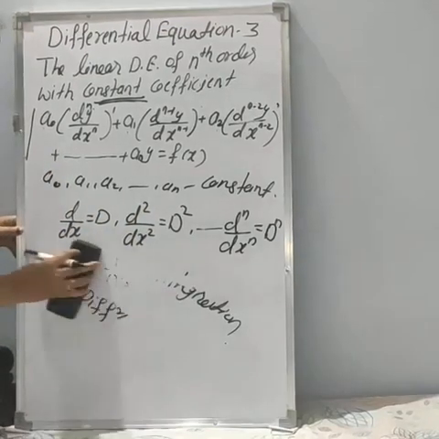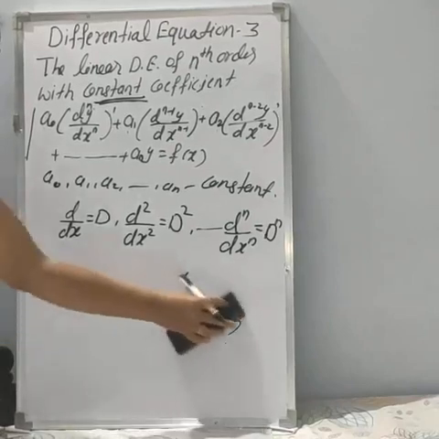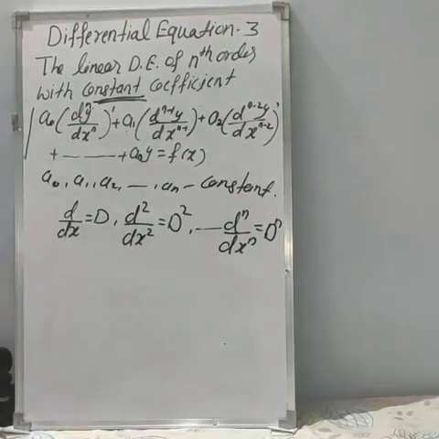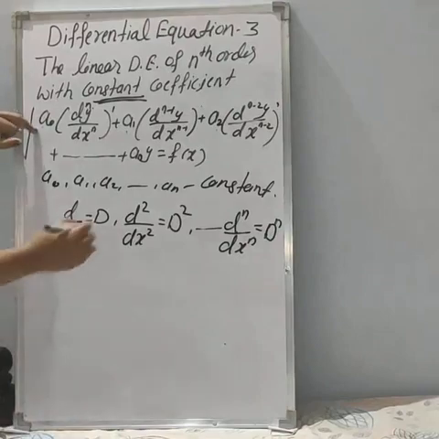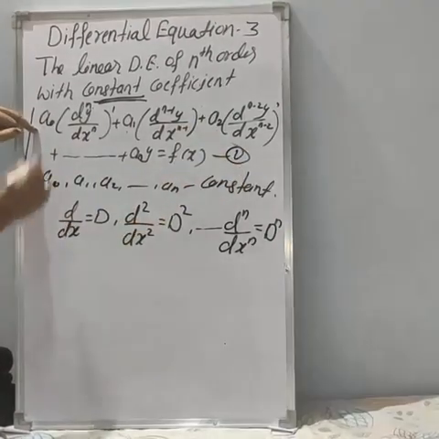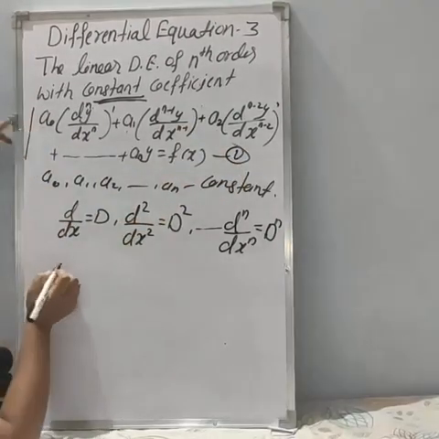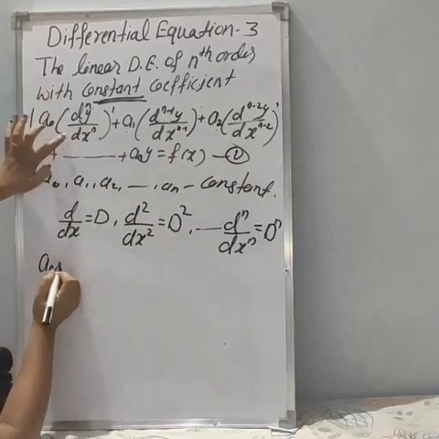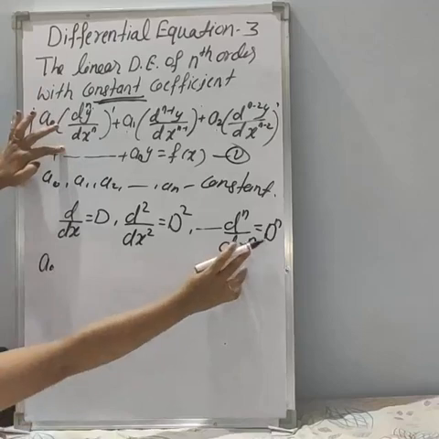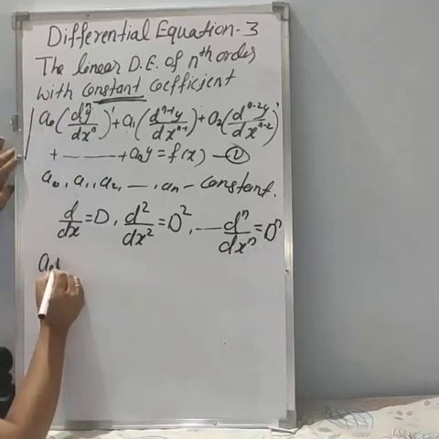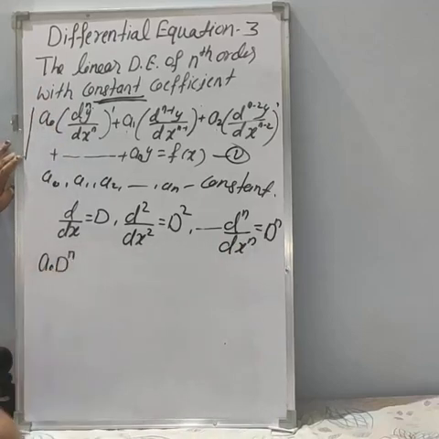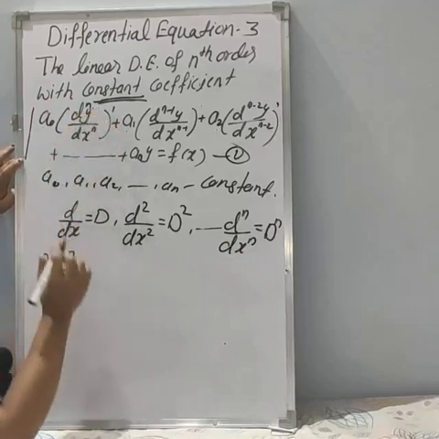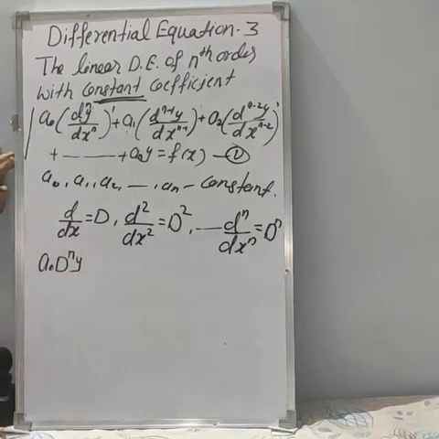So first substitute this in the given differential equation, which you can call equation 1. What you will get is a naught d raised to n by dx raised to n. What is the value of d raised to n by dx raised to n? Capital D raised to n. So you will get a naught D raised to n, and here we are differentiating y, so keep y as it is.